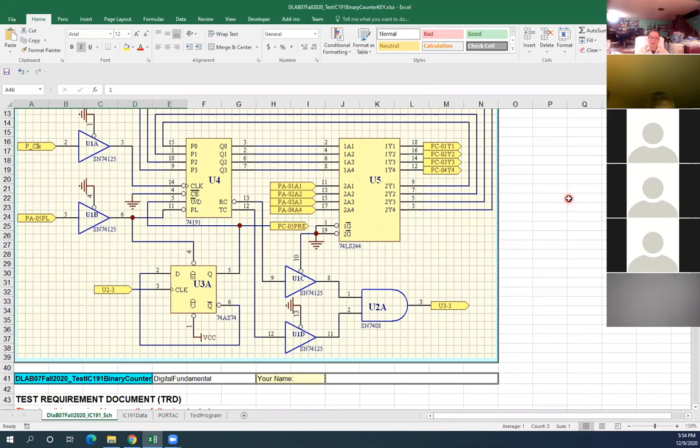You test for the loading: load A, load 5, load 0, load F. We already did load 5, load A. Now I want to load 0. That means you have to apply 0 here. Okay, it goes to P0, 1, 2, 3 as 0. And the 0 right here, it goes 0 here. And you read 0.